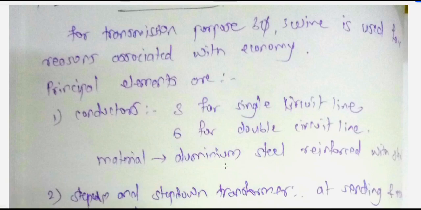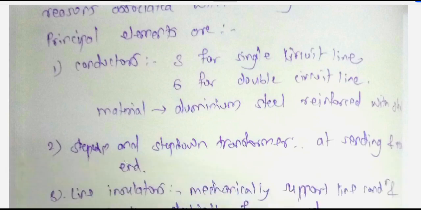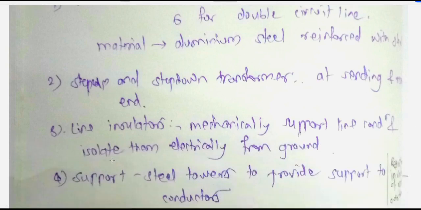The material we use is aluminum, steel reinforced, and the stepped up and stepped down transformers at the sending and receiving end. We use line insulators, which mechanically support the line conductor and isolate them electrically from ground.